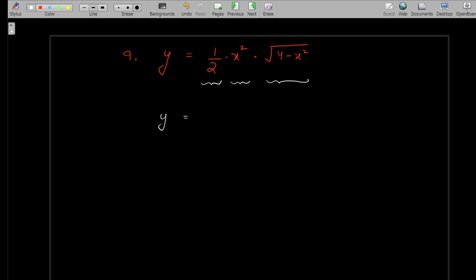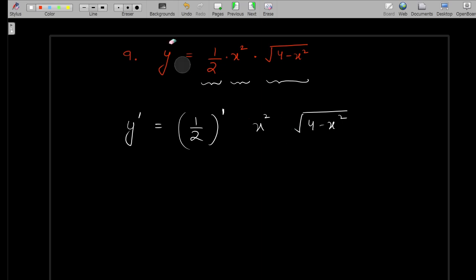So like here, when you have to find y prime, we find the derivative of 1/2, okay, derivative of 1/2, and we keep the other two functions as they are. Okay?